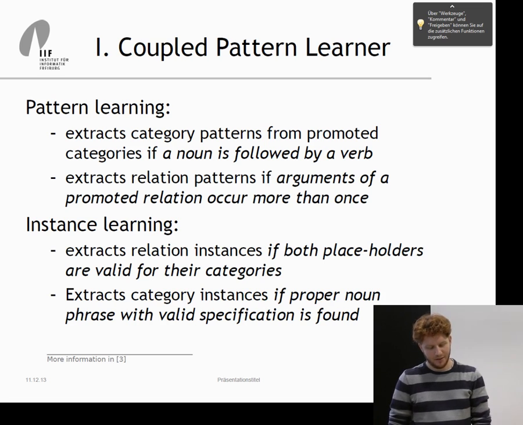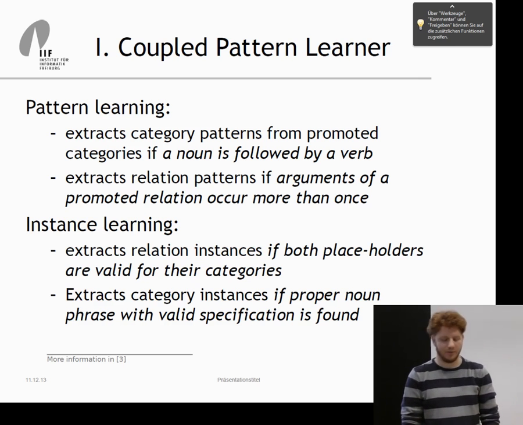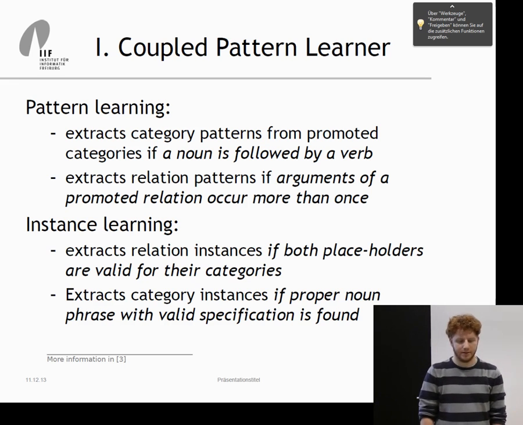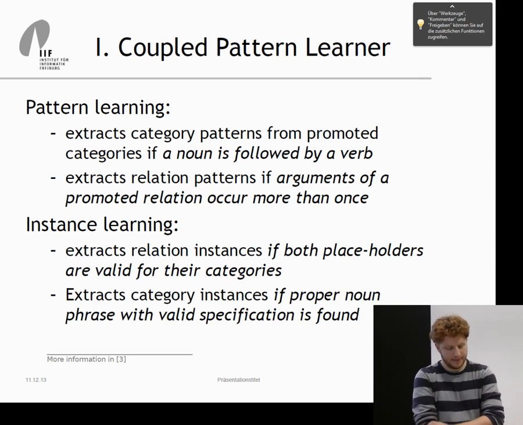For relation patterns, we promote those in which a promoted relation that we had before in the knowledge base occurs more than once. So I think it's the most intuitive solution. If we see an instance more often with some patterns, we promote it to the knowledge base for later learning.